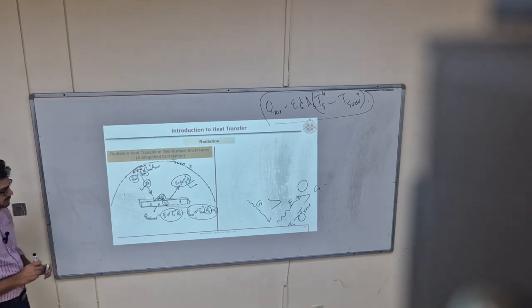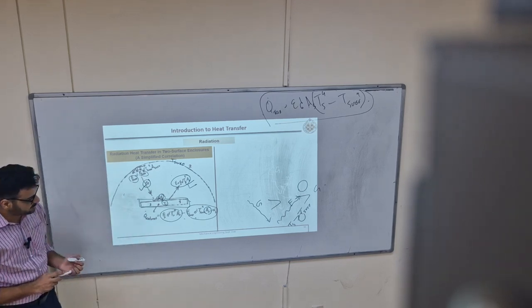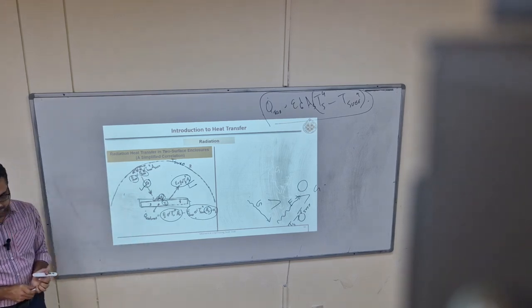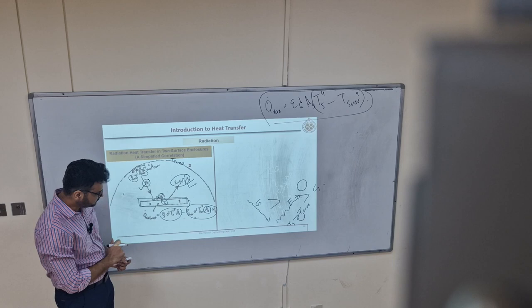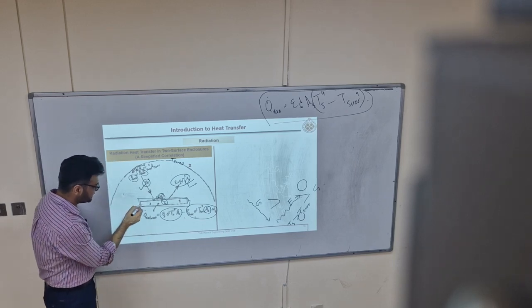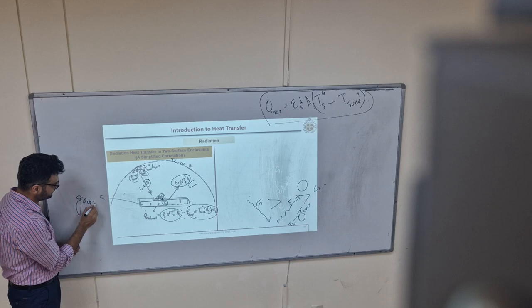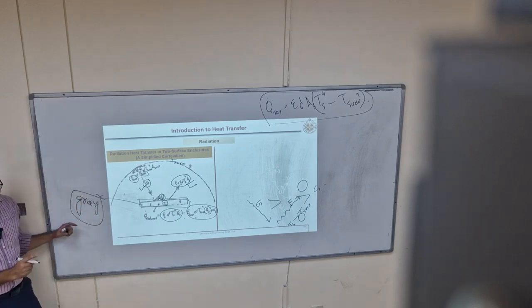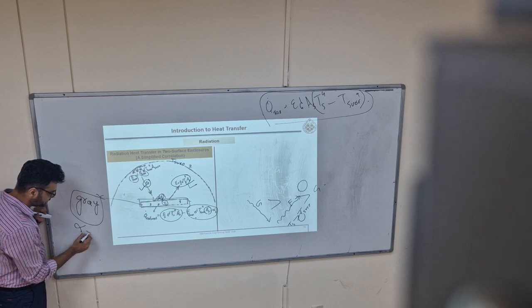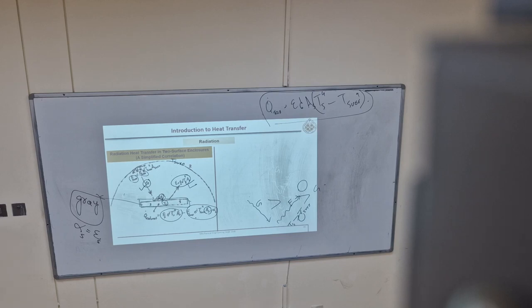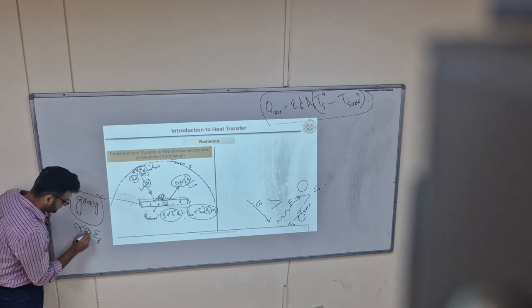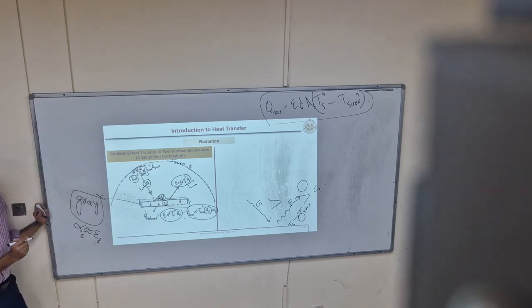Now we can simplify this equation by using some assumptions. I'm assuming this surface is gray. A surface is called gray if its absorptance is equal to its emittance, like black paint. If absorptance and emittance are nearly the same, it is called a gray surface.